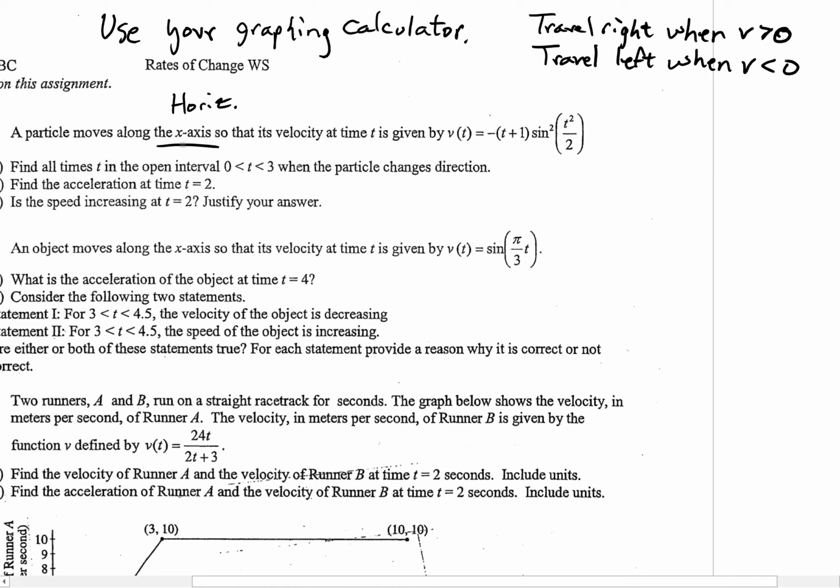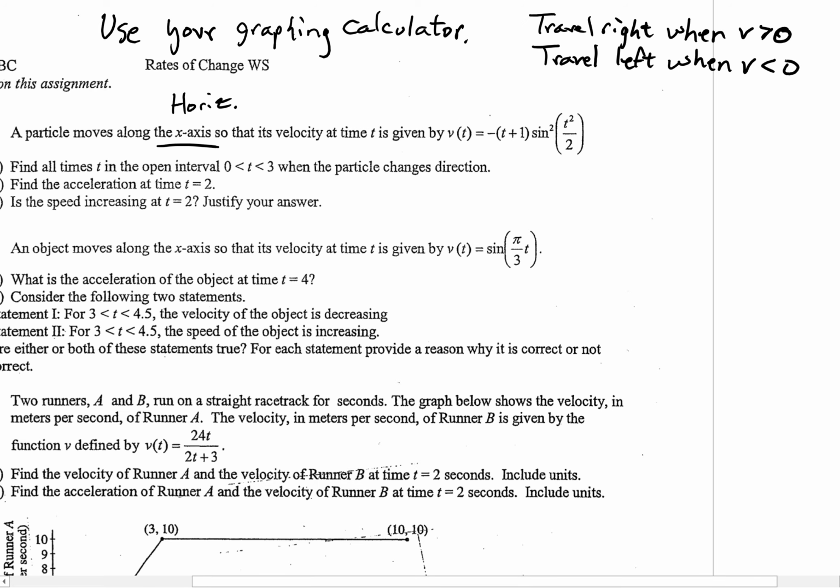So when you change direction, that means that you change from moving to the right to the left. It means that the sign of your velocity will change. You will change from positive to negative or vice versa. Inherent in that change means that as you change signs, you must have velocity equals 0.